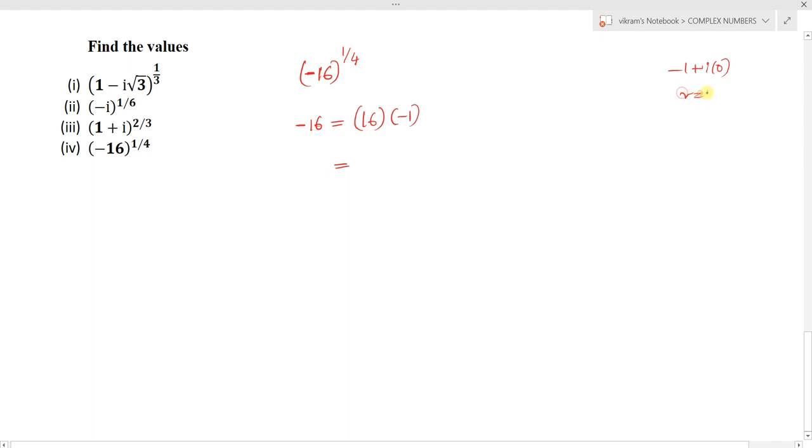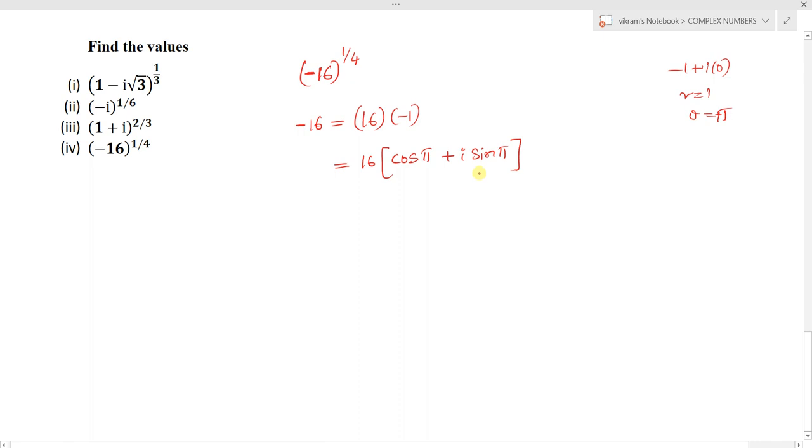That means r is equal to 1, and next theta equals pi, since cos pi is minus 1. Then we can write this as 16 into (cos pi, which is minus 1, plus i times sin pi). In the polar form the principal argument is in the range minus pi to plus pi, so it is cos pi plus i sin pi.